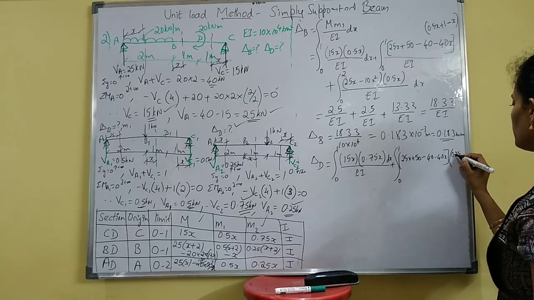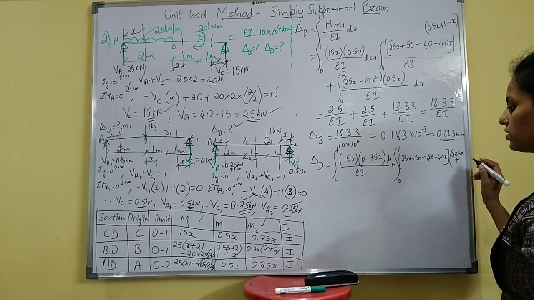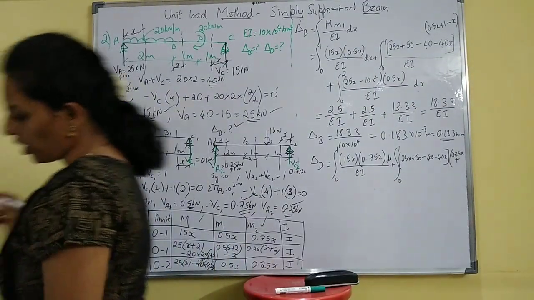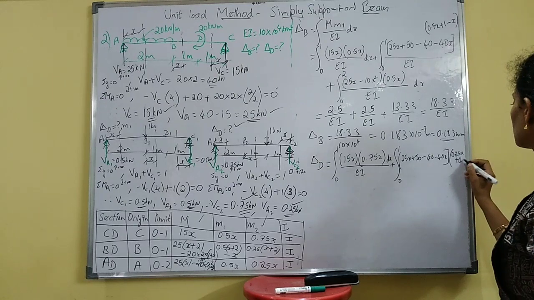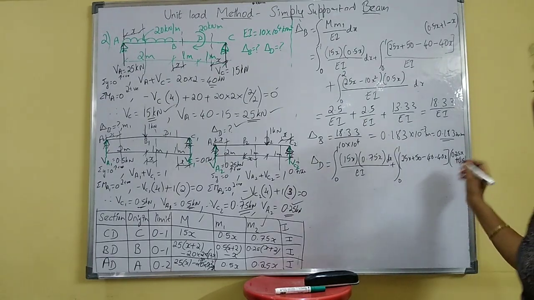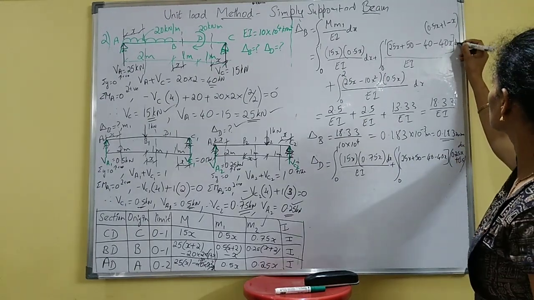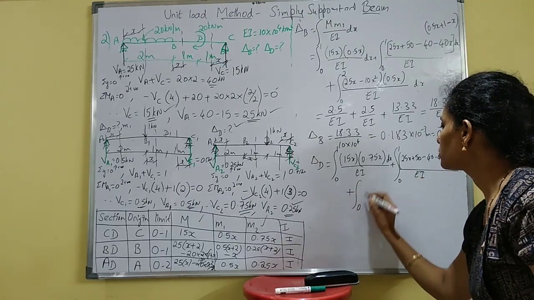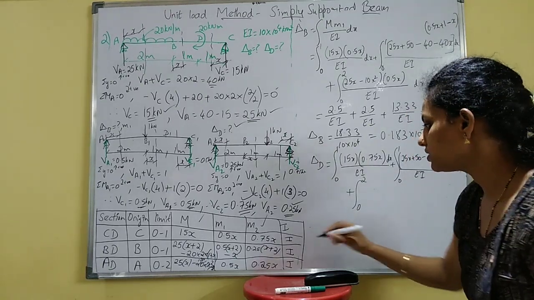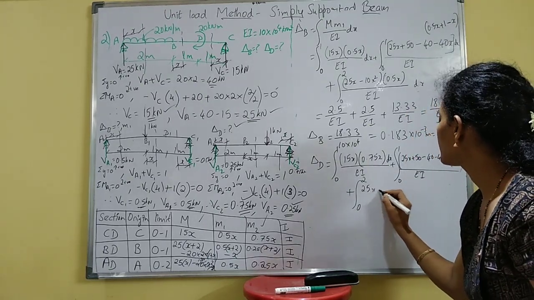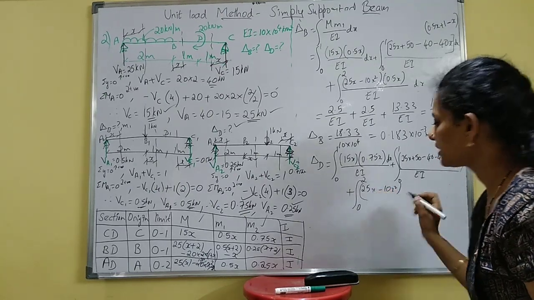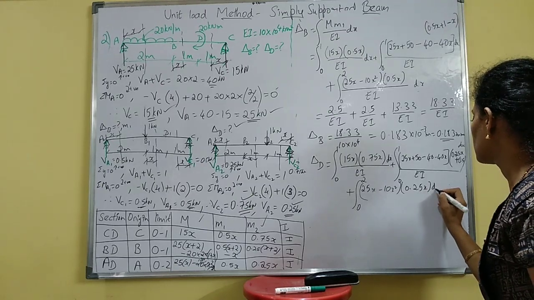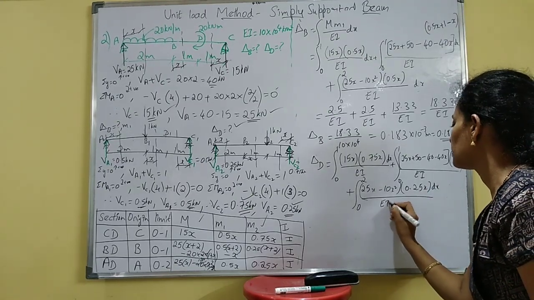So 0.25x plus 0.25 into 2, you will have 0.5, into dx, divided by EI, then again plus 0 to 2, you will have this 25x minus 10x square, first part M value, and M2 is nothing but 0.25x dx by EI.